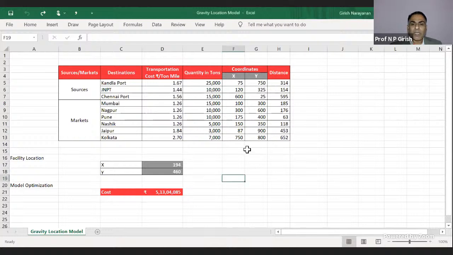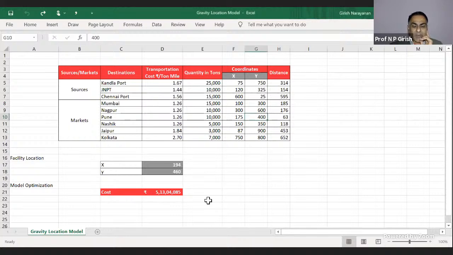Okay. Now, what does it say? It says 194, 460 is the ideal location where we should set up the facility within the region. Where is 194, 460? Somewhere near Pune. Yeah.